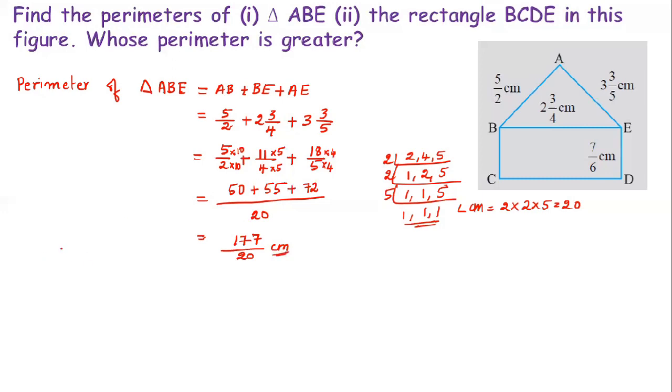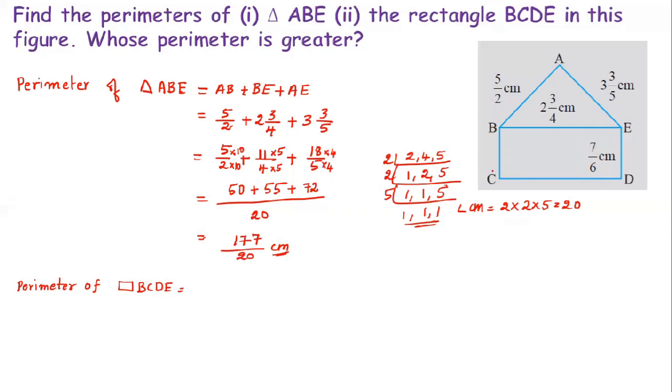Now you have to find the perimeter of rectangle BCDE. Which are the sides of rectangle BCDE? See here, BCDE.